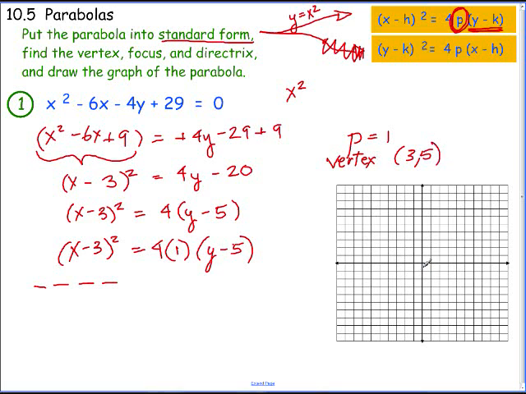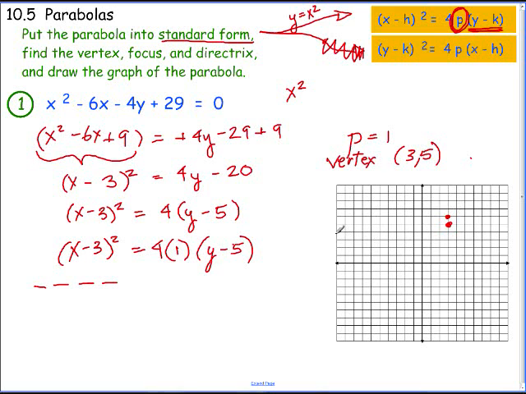So let's plot that right now. Over 3, up 5, 1, 2, 3, 4, 5. So there's my vertex. There's my vertex. The distance from my vertex to my focus is p, which is a +1, so I'm going to go up 1.